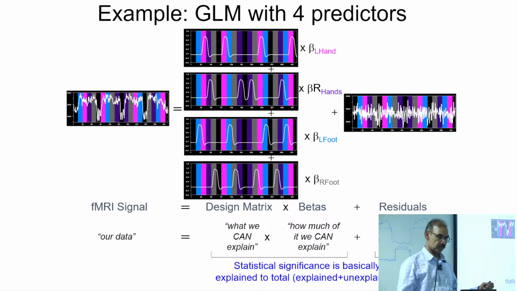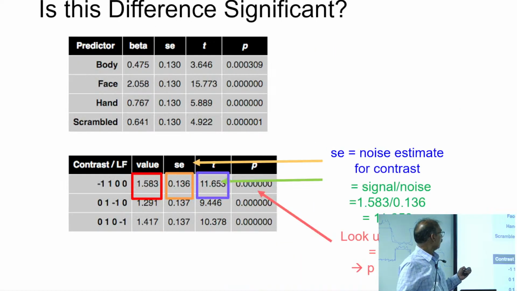Okay, so this is like if there was a body, face, hand, and scrambled object, then let's say the beta was these values and these were the standard errors, then we can find the t value and consequently the p values, right? So the beta plays a role. Also, the noise estimate plays a role, right?